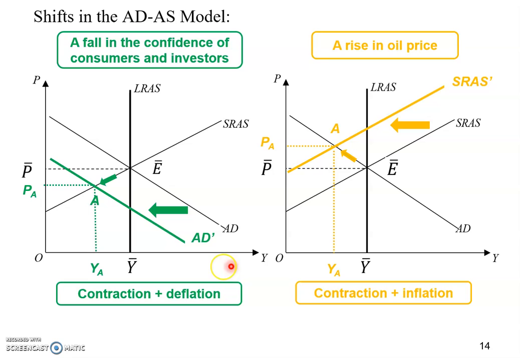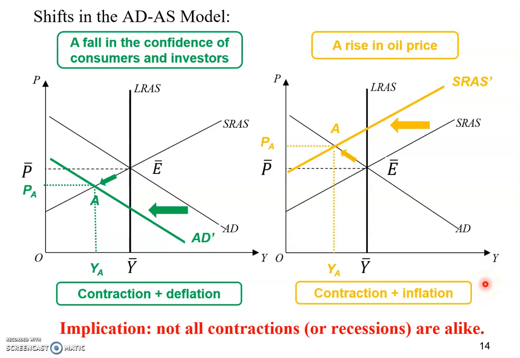Now when we put the two cases together, we find that both are contractions. But on the left hand side it's a deflation, and on the right hand side it's inflation. So here we're going to draw the first important conclusion, which is that not all contractions are alike.